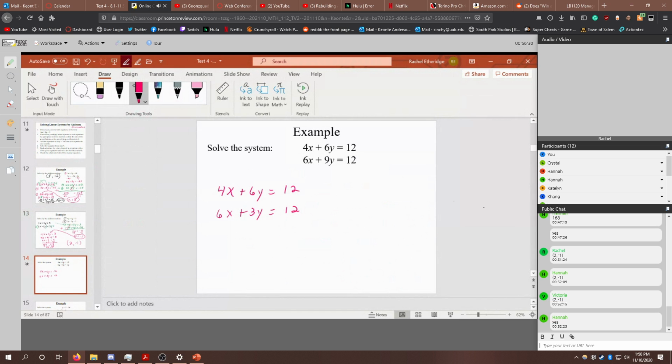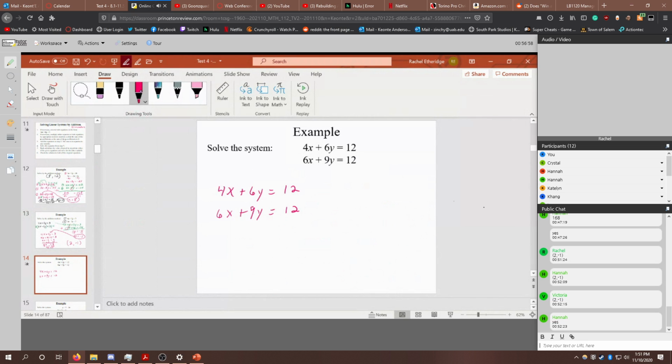So if I divided everything by 2 up here and by 3 down here, I believe I could eliminate the x's if I made one of them negative. So you can do that. I tell you what I'm going to do. I'm going to work on, oh, that's a 9. I was already dividing in my head there.